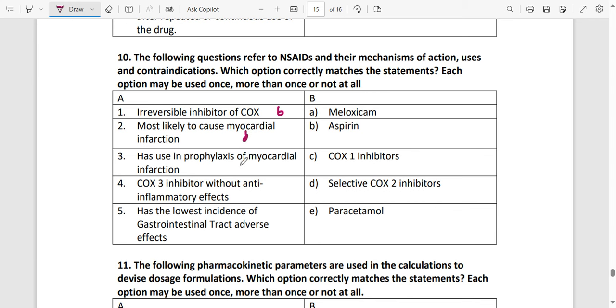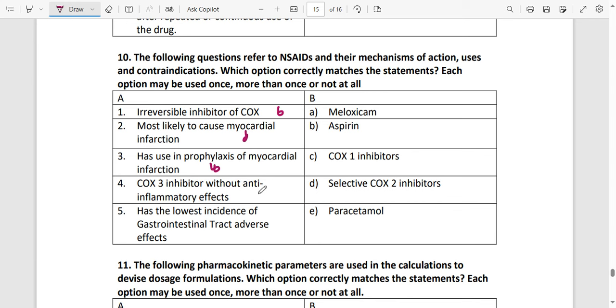Three, has use in prophylaxis of MI. Which one can you use for prophylaxis of myocardial infarction? The same aspirin, yes, is going to be used for prophylaxis.